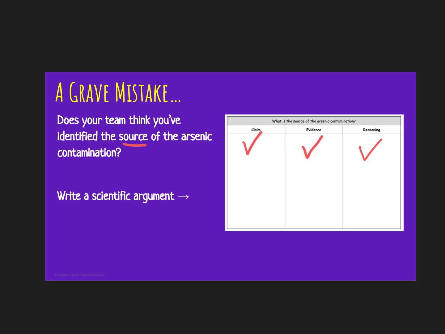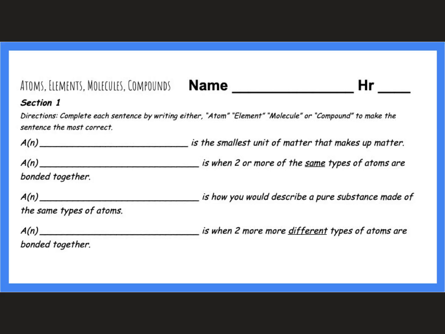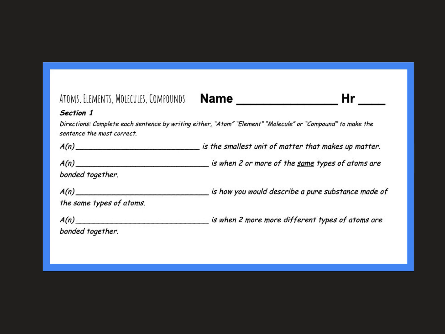After you've completed this, I want you to go to the review sheet that you've also collected today. There's 3 sections. The first section is a quick vocab review. You're either writing atom, element, molecule, or compound to complete each phrase.